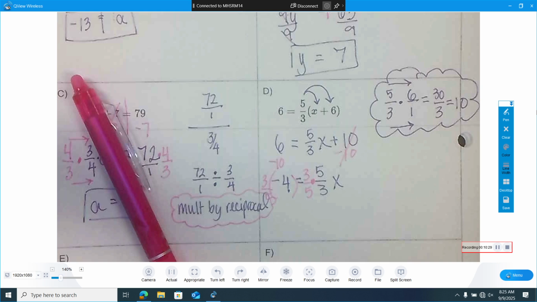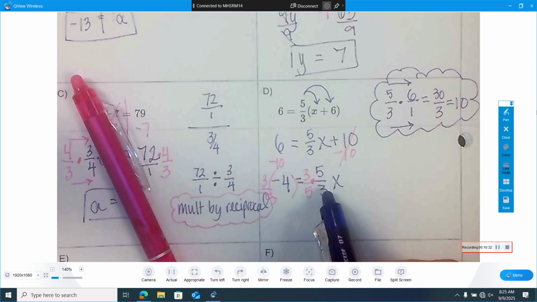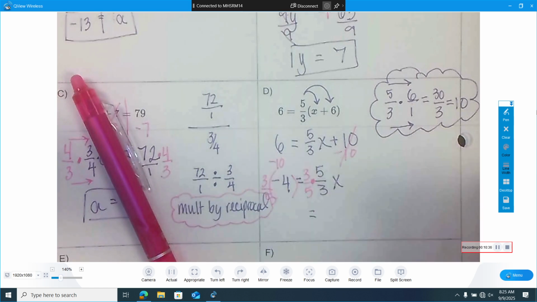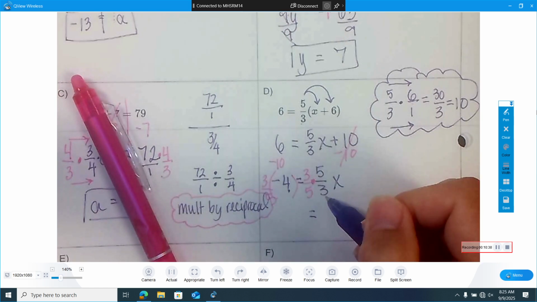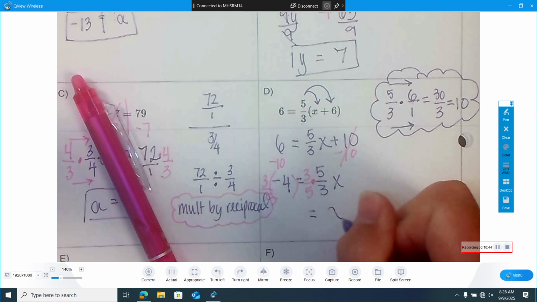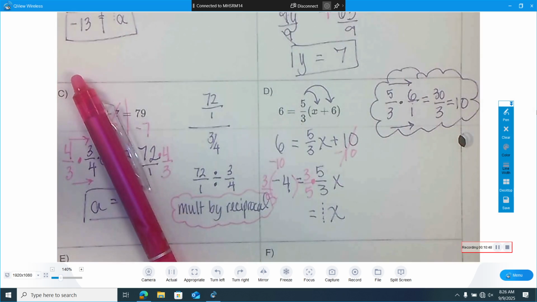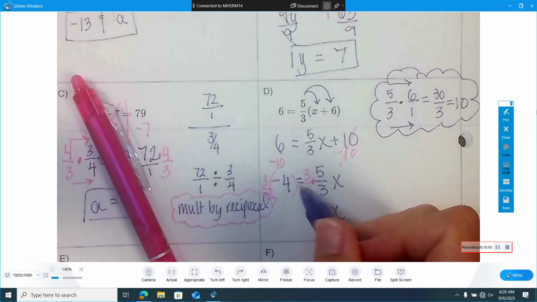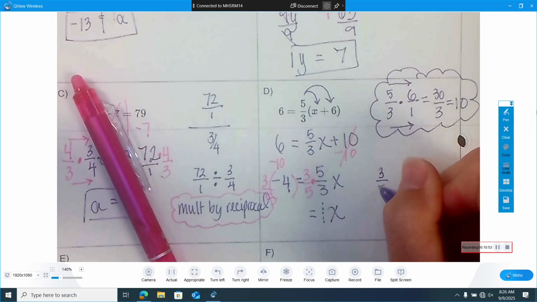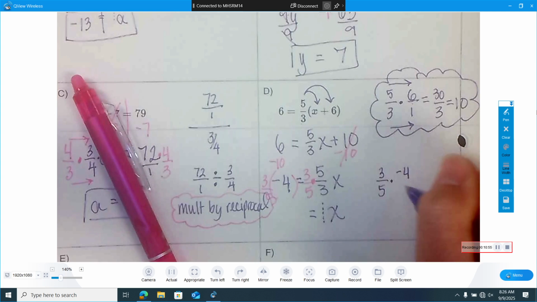What happens to 3/5 times 5/3? What happens to that? 15 over 15, which is 1, okay? 15 over 15, which is 1x. And if you want to put the 1 in there, you can. It's not necessary. All right, but we also have right here, we've got 3/5 times -4.